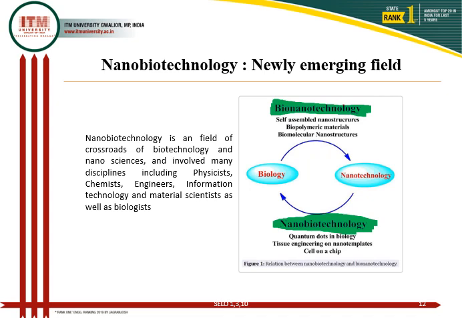Like self-assembled nanostructures, biopolymeric materials, biomolecular nanostructures. If we are developing nanostructures with biology, then it's called bio-nanotechnology. We are using biological materials in nanostructures. These are examples: self-assembled nanostructures.